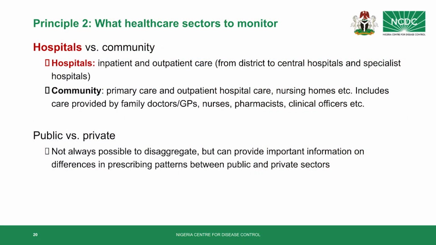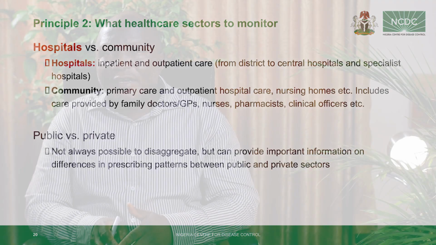Principle number two, what health sector to monitor? You can monitor hospitals and communities. You can also monitor public and private health facilities. And then principle number three is, what data do you collect?